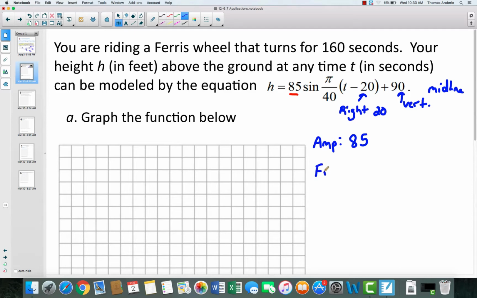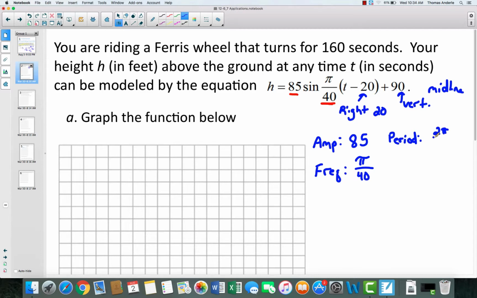We'll get our frequency. Frequency is right here. So frequency is pi over 40. Let's figure out the period. Period is going to be 2 pi divided by frequency.